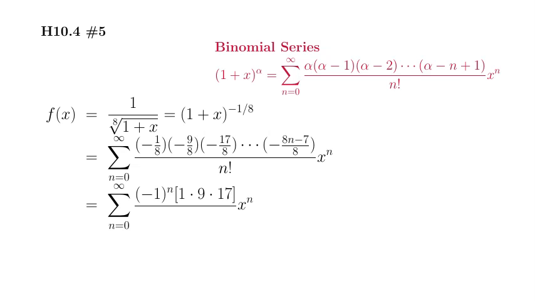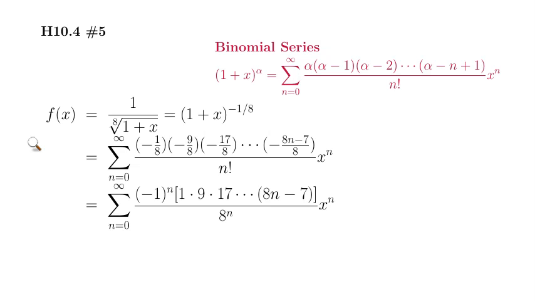So we put that 8n minus 7 right there. That takes care of the numerators. We remember that there are a bunch of 8s, n 8s together, so you have 8 to the n sitting on the bottom.